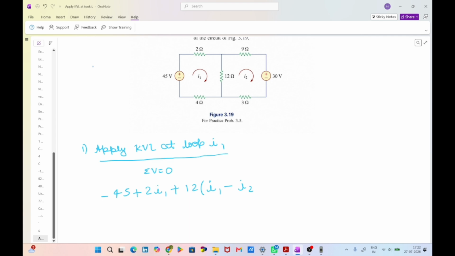The other trick is that most of the time the current which we have taken in the loop will only be plus and the other will be minus when it passes through the resistor. That's it. And then plus 4 I1 is equal to 0.